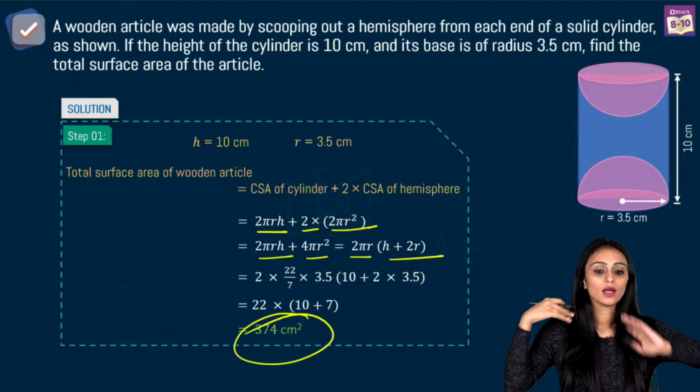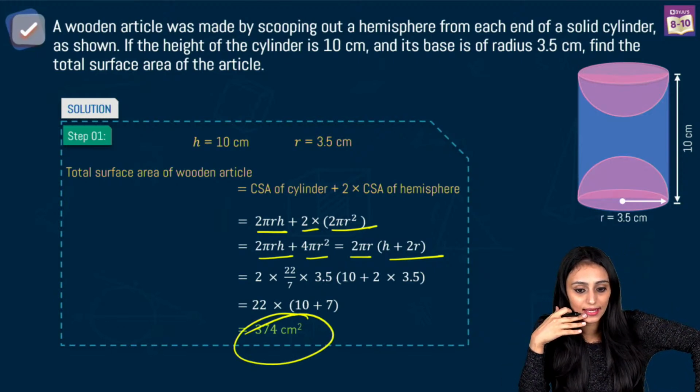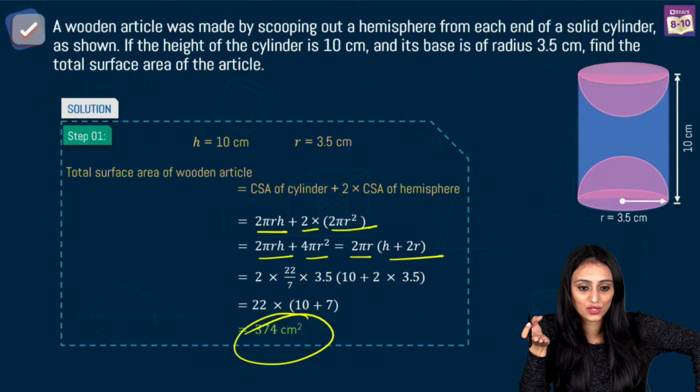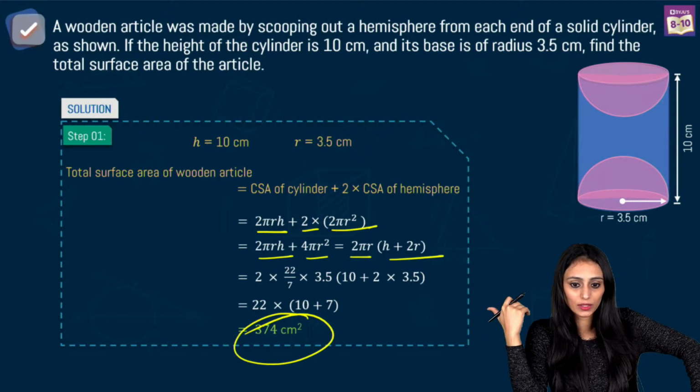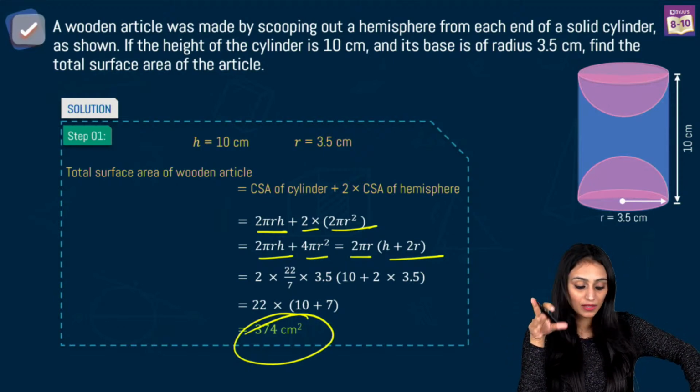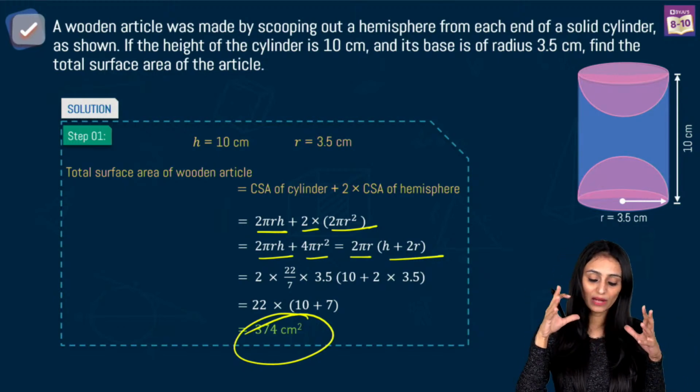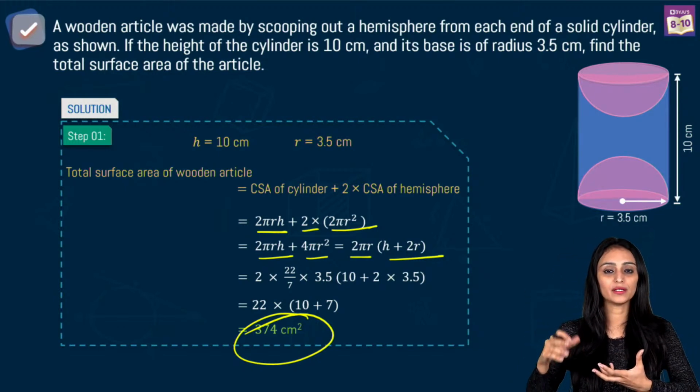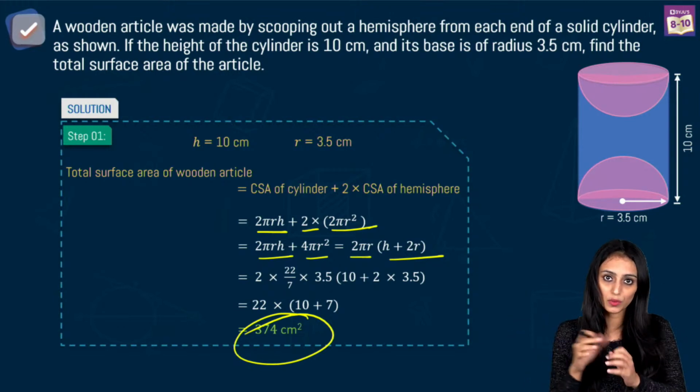Yes, doubts? I think Varuna just said that, sorry, I missed your question. You were saying something that subtraction should be there because we have scooped it out. But no subtraction. Reason, if this were volume, we would have done it: total volume of cylinder minus volume of two hemispheres, you would get the remaining solid.